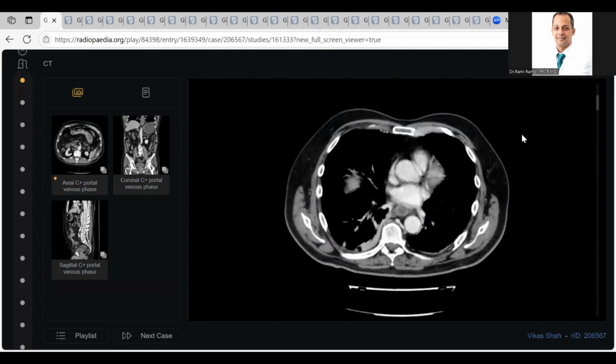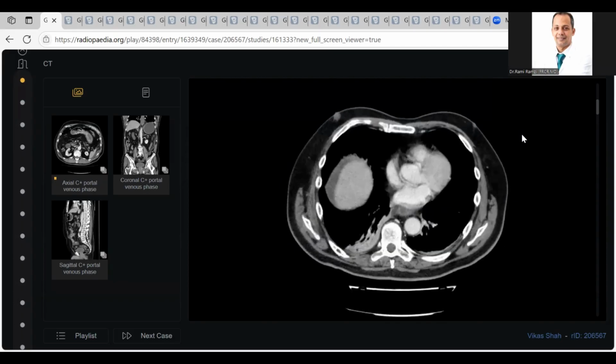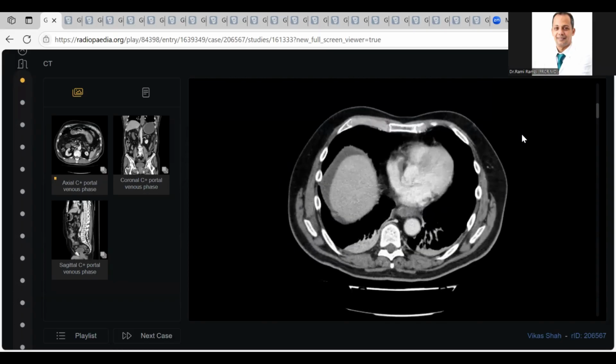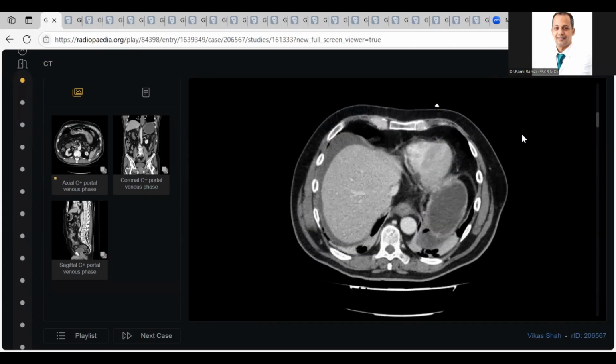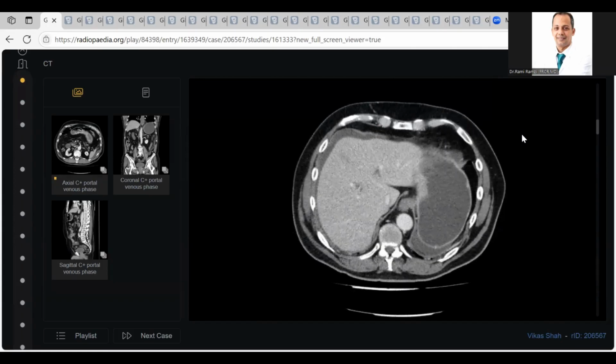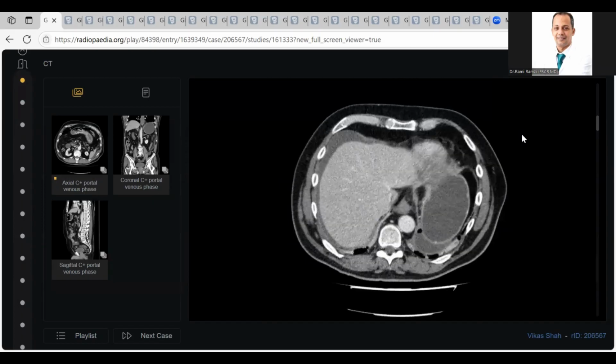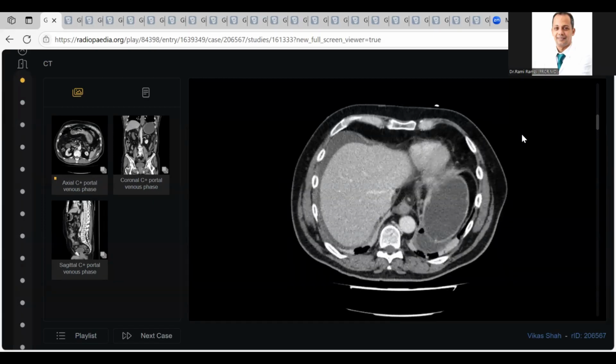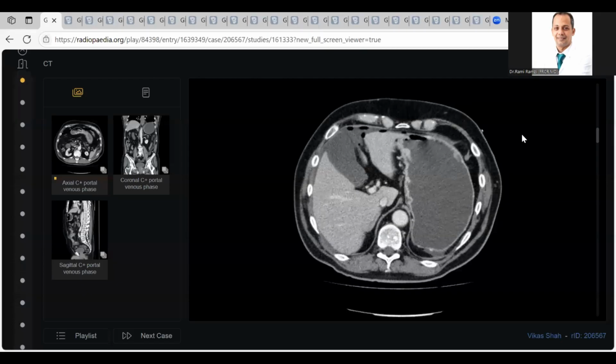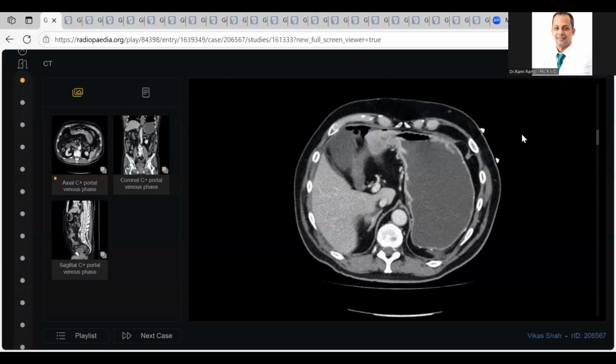Going down, there is some atelectasis and minimal pleural effusion on the right side. There is subcapsular ascites. There is also pleural effusion on the left side. Now I'm going down towards the abdomen.